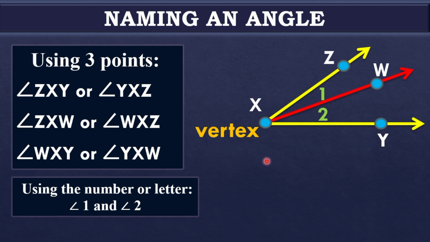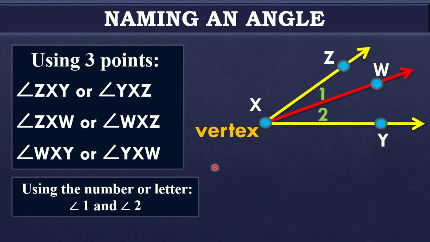Okay? How about angle Z, X, Y? Wala siyang ibang pangalan unless may binigay sa kanyang number para sa kanya. Okay? So, angle ZXW, pwede rin natin siyang tawaging angle 1. Si angle WXY, pwede rin natin siyang tawaging angle 2. So, that is the other name of the angle.